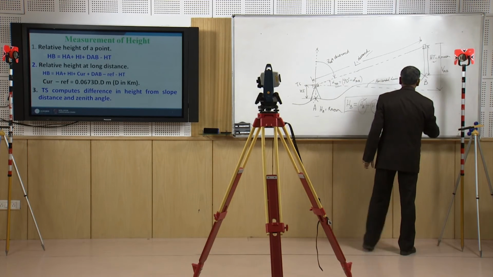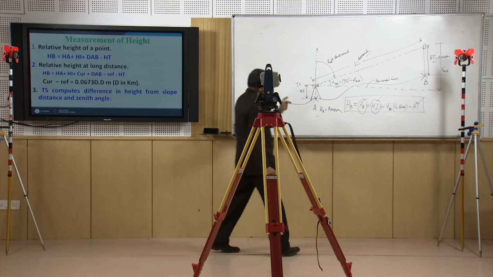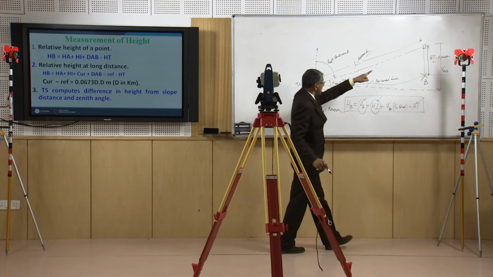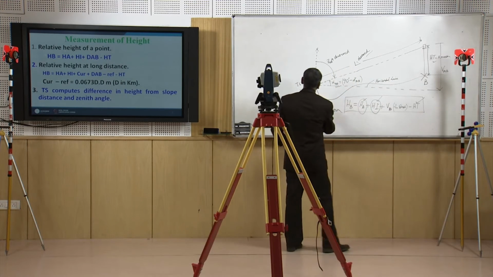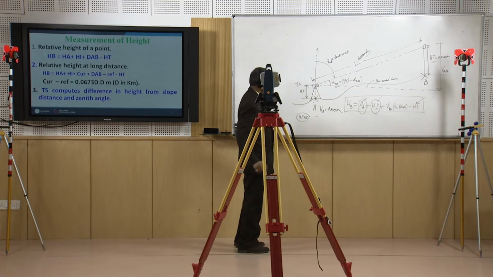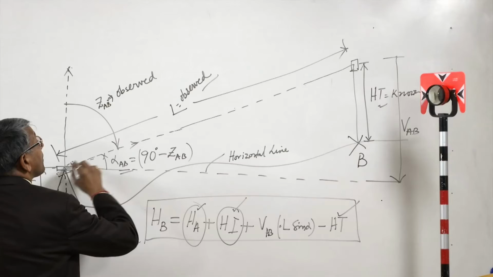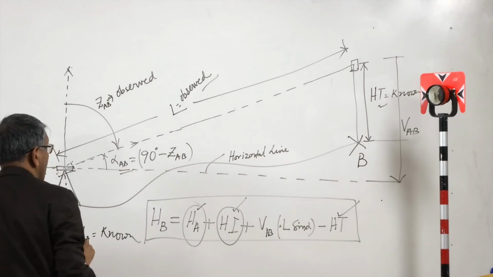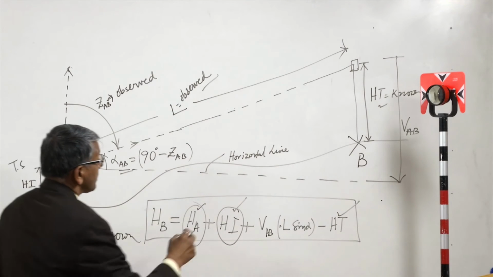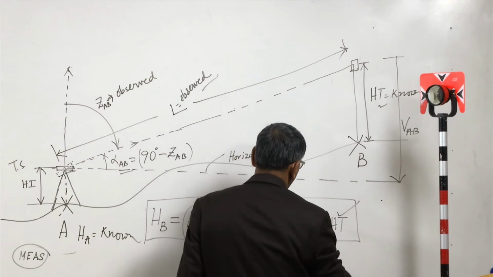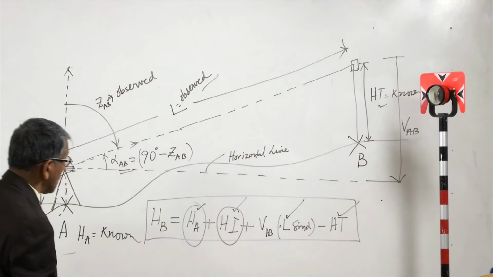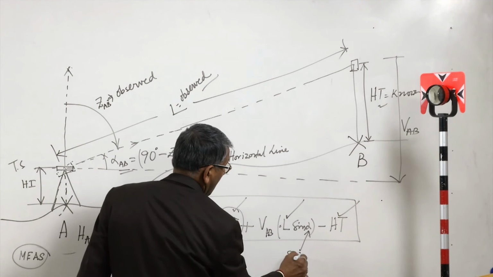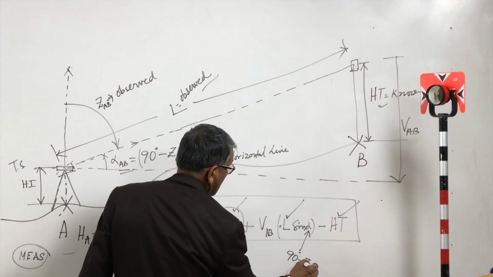So, this is known. Now, whenever we switch it on and bisect the target, using the key measure, a laser beam will go and come back, and from there we get this L. Also, this alpha will be computed as 90 degrees minus ZAB.